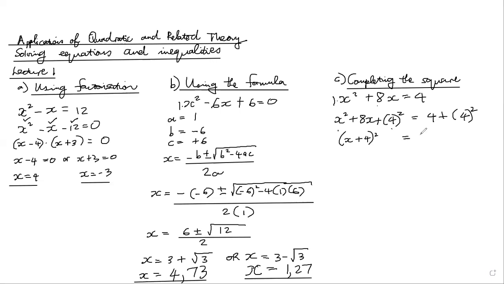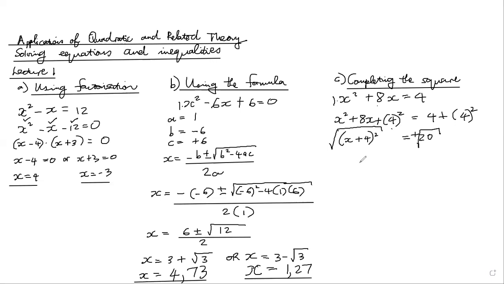And 4 plus 4 squared is 4 plus 16, which will give you 20. So we've got a squared quantity equals 20. We'll remove the square by simply square rooting the left, and we'll square root the right. And when square rooting the right, it gets a plus or minus sign.